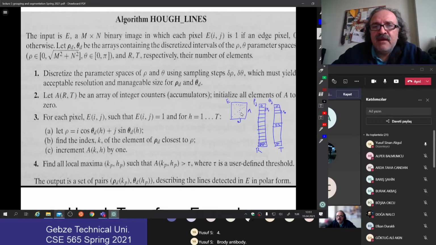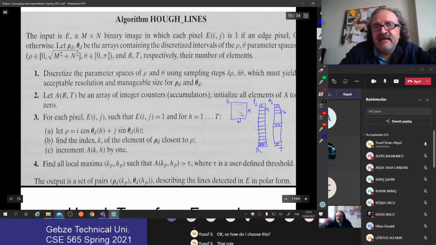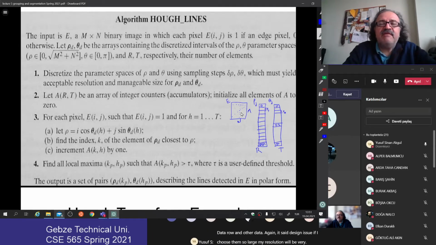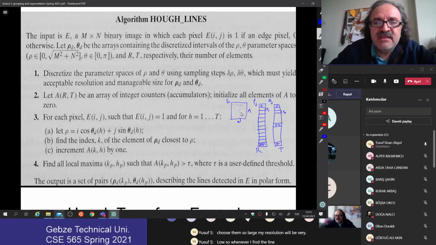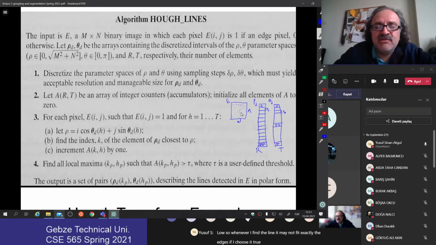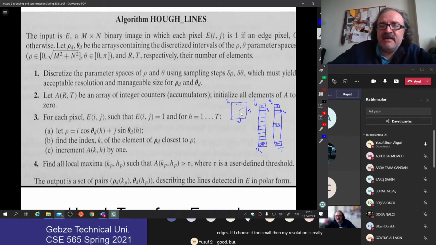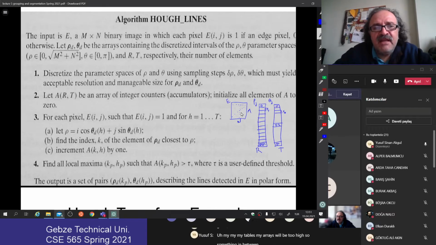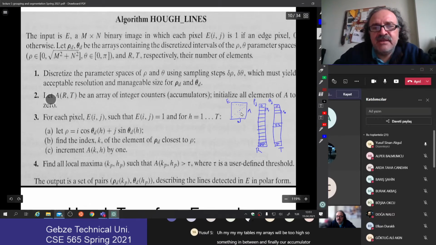So how do I choose this delta rho and delta theta? Again, it's a design issue. If I choose them too large, my resolution will be very low, so whenever I find a line, it may not fit exactly the edges. If I choose them too small, then my resolution will be good, but my arrays will be too big. So something in between. And finally, our accumulator, that is our voting space.